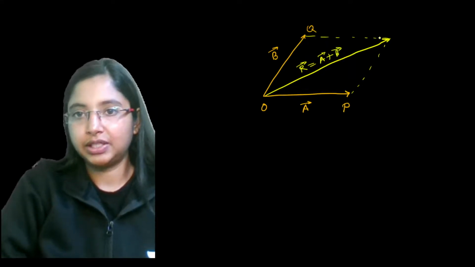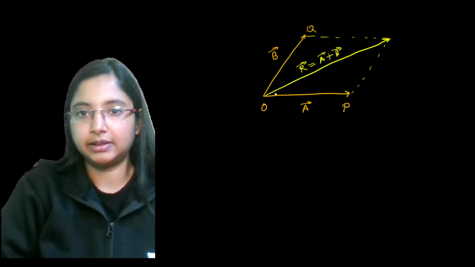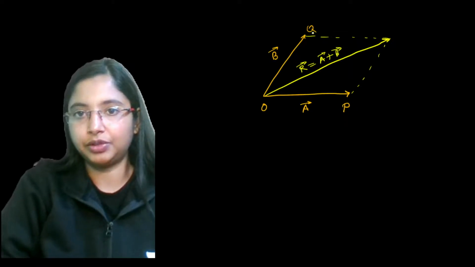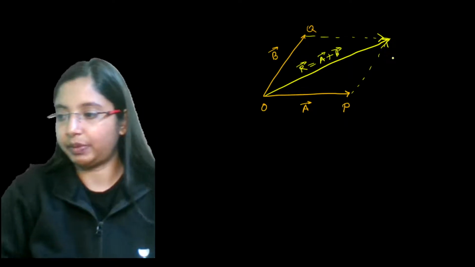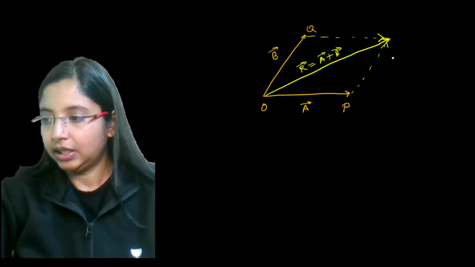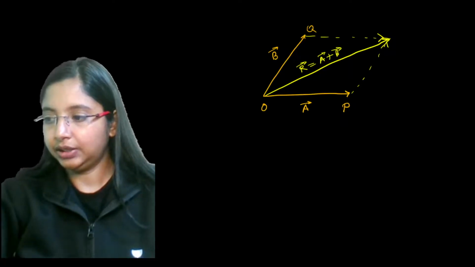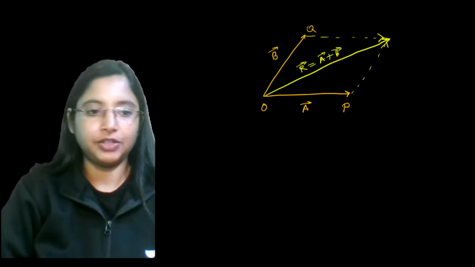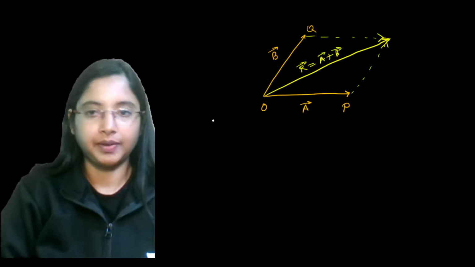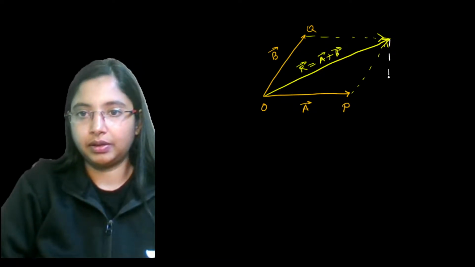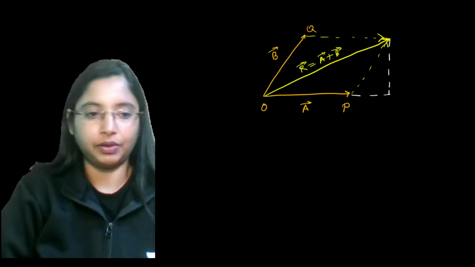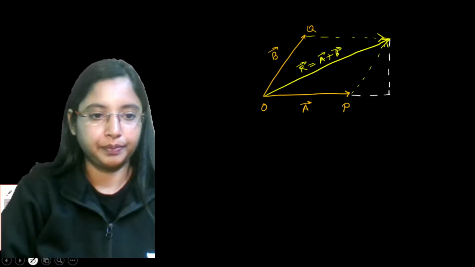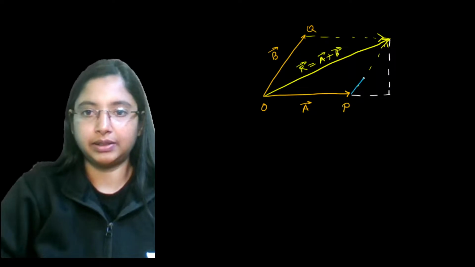Whatever this magnitude is, it is the same over here, and whatever this magnitude is, it's the same over here, right. So this one will be in this direction, this one will be in this direction. Now from here, we can just draw the perpendicular, let's finish this line.